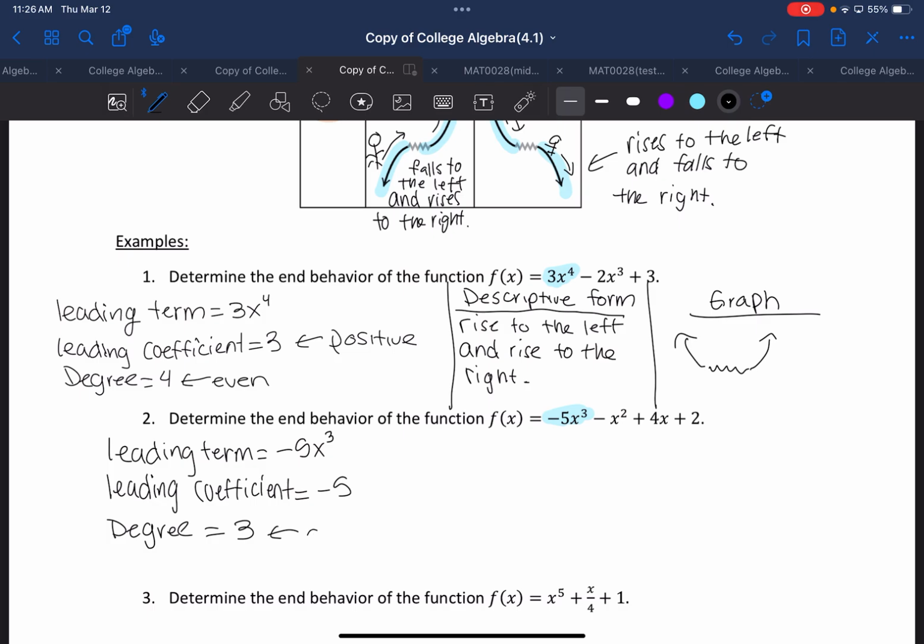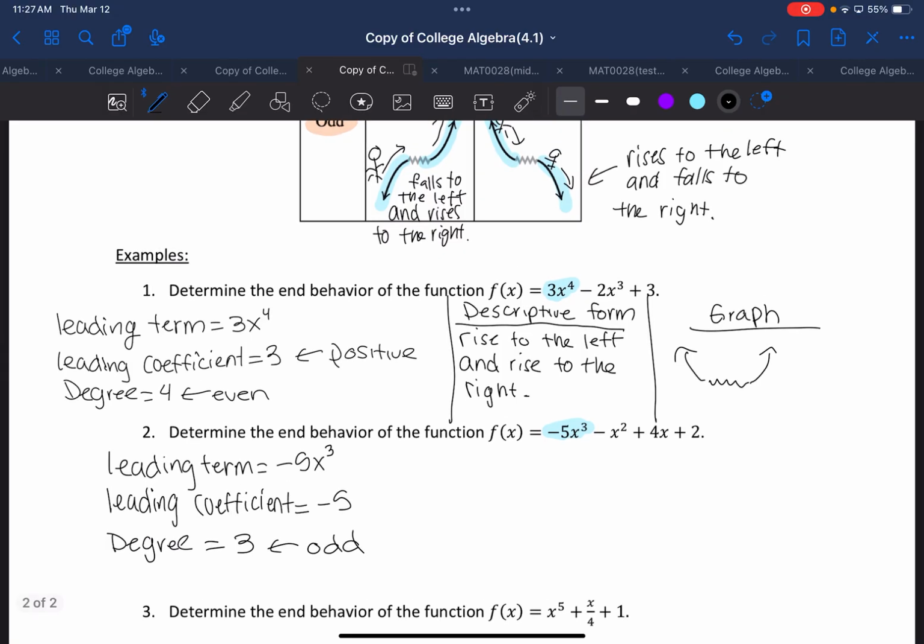So my degree is odd. When my degree is odd, I know that they're doing different things. They're either going like this or going like that, in different directions. And my leading coefficient is negative.